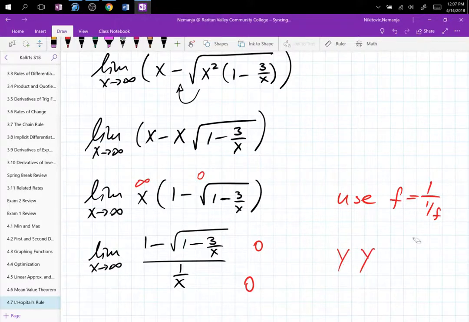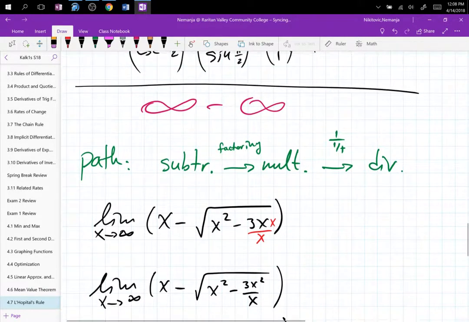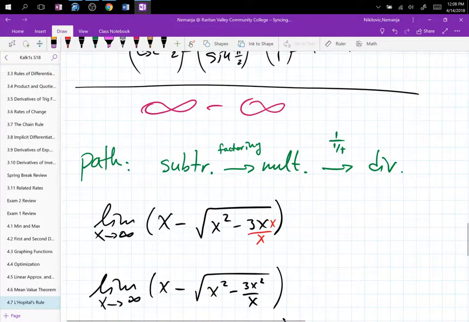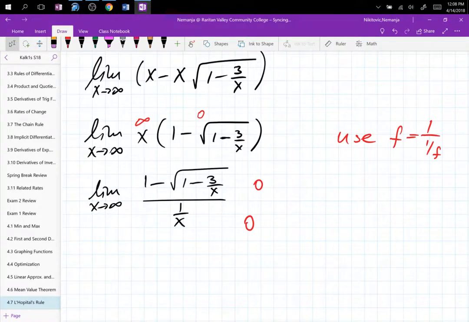So what you've seen so far is a prep to transform infinity minus infinity into 0 over 0 or infinity over infinity, whatever you get once you're done with all the transformations. We did a whole bunch of factoring, and then eventually the function flip at the end to get to this point.